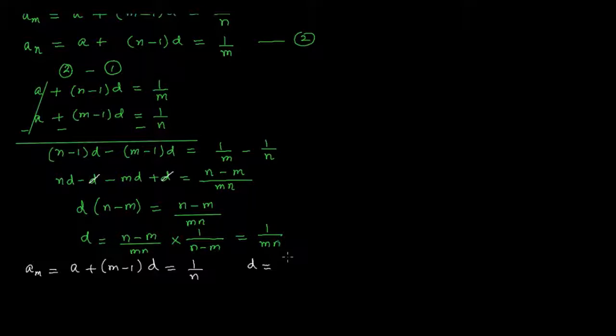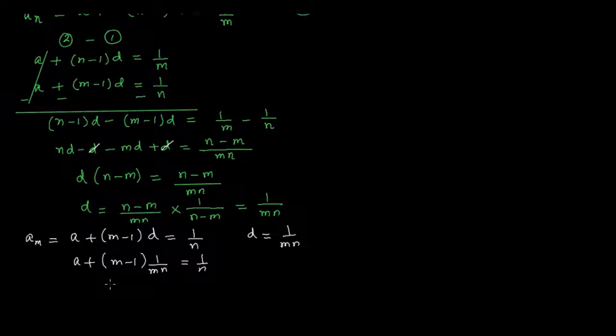Let's put d equal to 1 on mn and we get a plus m minus 1 times 1 on mn equal to 1 on n. Let's simplify this to get the value of a. A plus, we open the parenthesis, m times 1 on mn gives 1 on n, minus 1 times 1 on mn gives 1 on mn, equal to 1 on n.